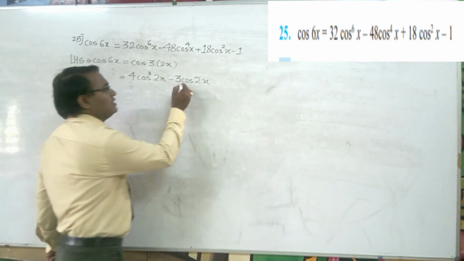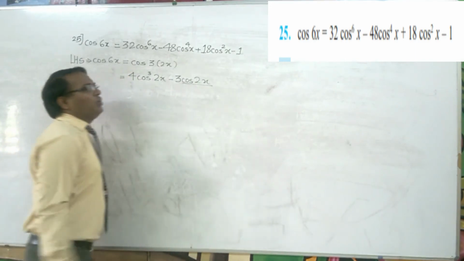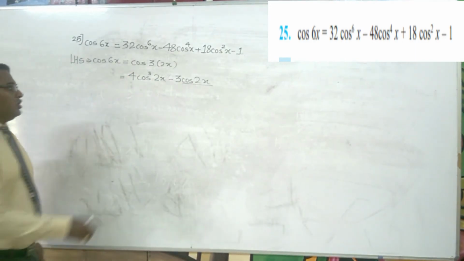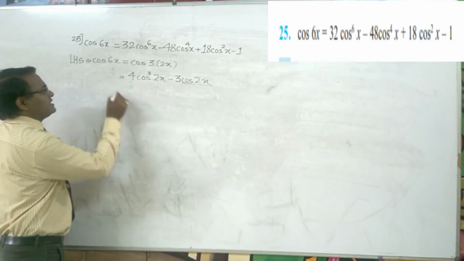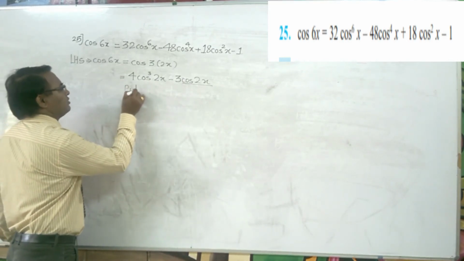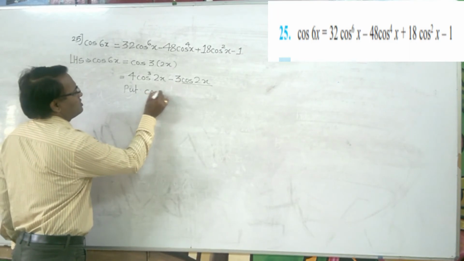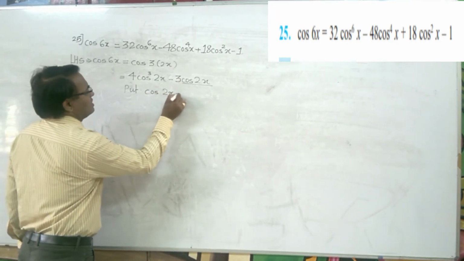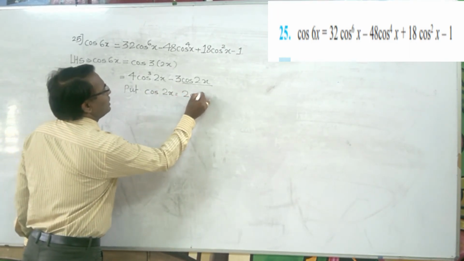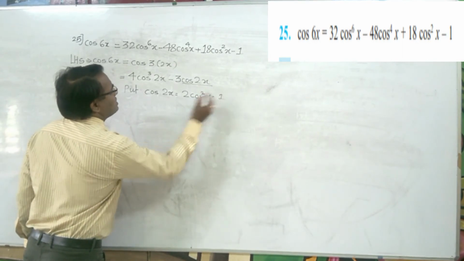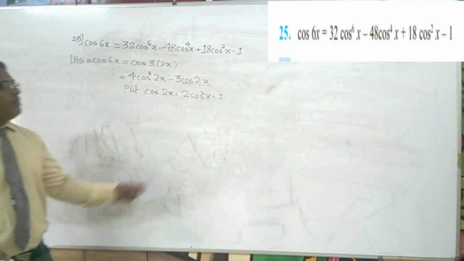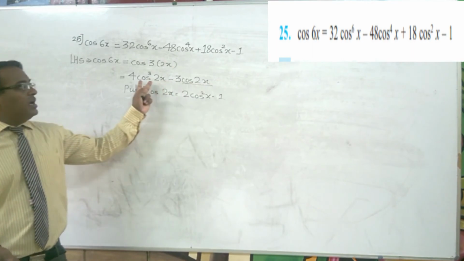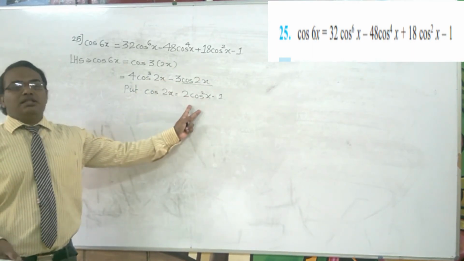And now this term cos 2x is very important, because we can replace this value. Cos 2x is equal to what? 2 cos square x minus 1. Wherever it is cos 2x, in place of that we will be keeping this value.